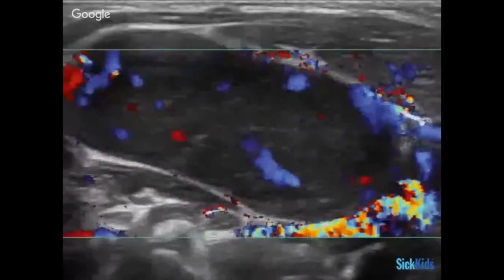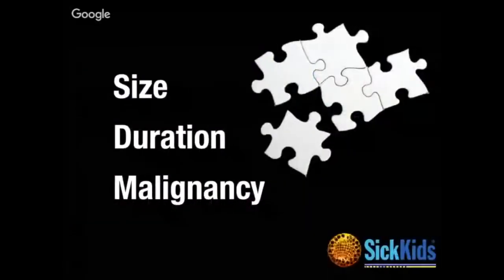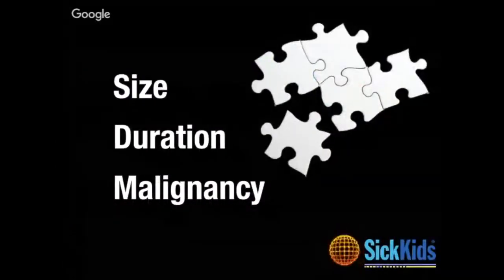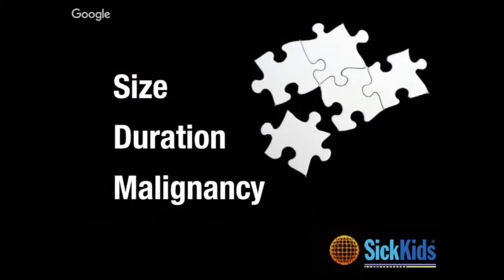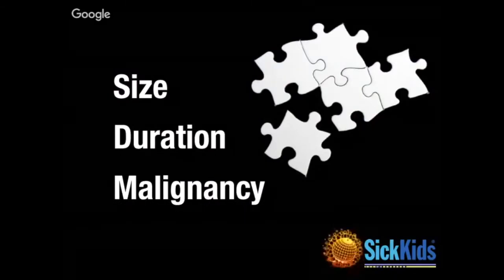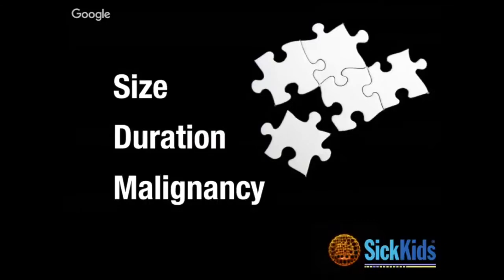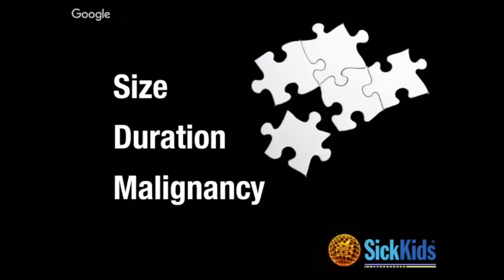Malignancy, right? So I think this is where it's really important to think about the piece of the puzzle. We joke about that a lot, but it's really important to put things in context. So we have size. Normal size would be a centimeter and a half at the mandible. The duration: we break down duration as 2 weeks being acute, 2 to 6 weeks being subacute.